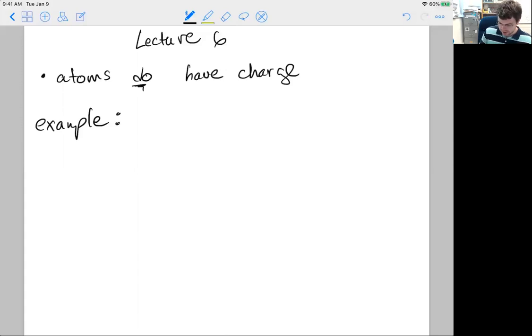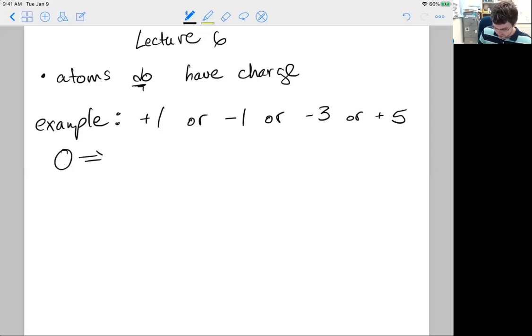For example, we could say that atoms have a charge of +1 or -1 or even -3 or +5. But atoms can also have the charge of 0. If we have a 0 charged element, then we have a neutral element.